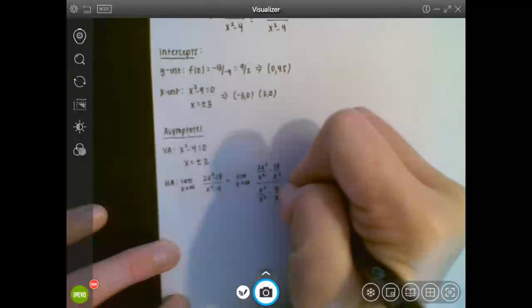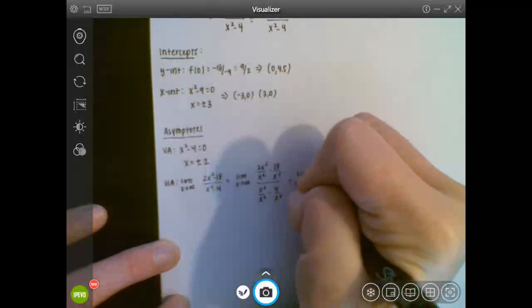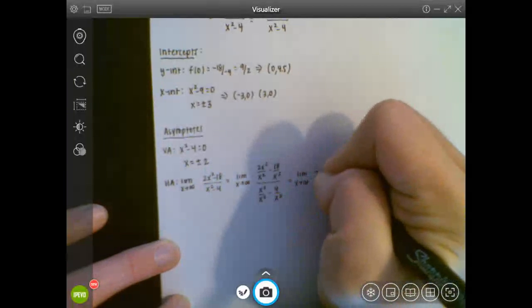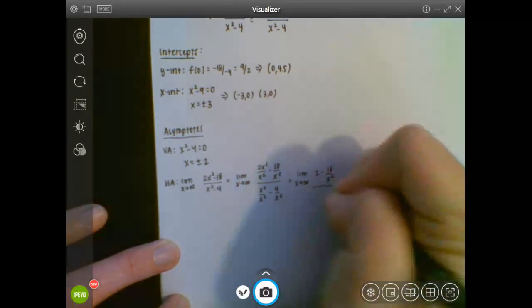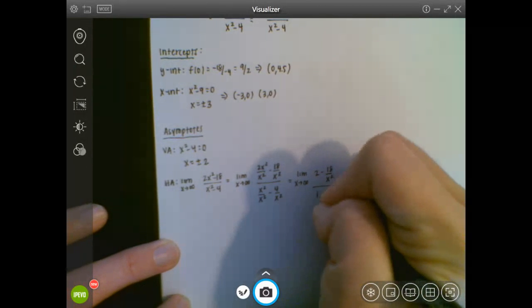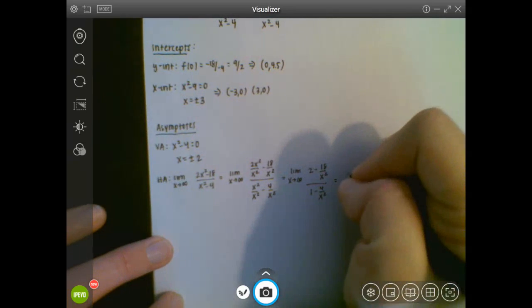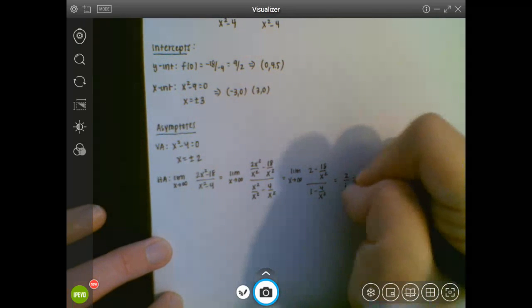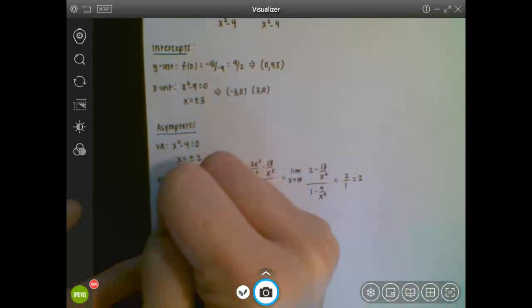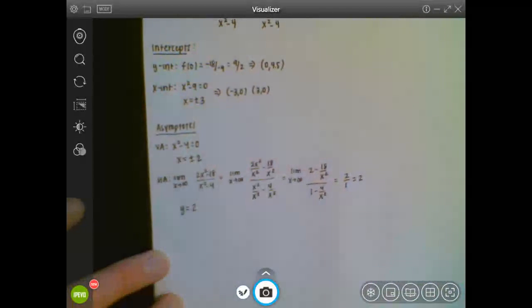And then I'll go ahead and simplify that. So my limit as x is approaching infinity of 2 minus 18 over x squared, and then 1 minus 4 over x squared. And then when I take the limit of each one of those pieces, I should be left with 2 over 1. So that will tell me that my horizontal asymptote is at y is equal to 2.